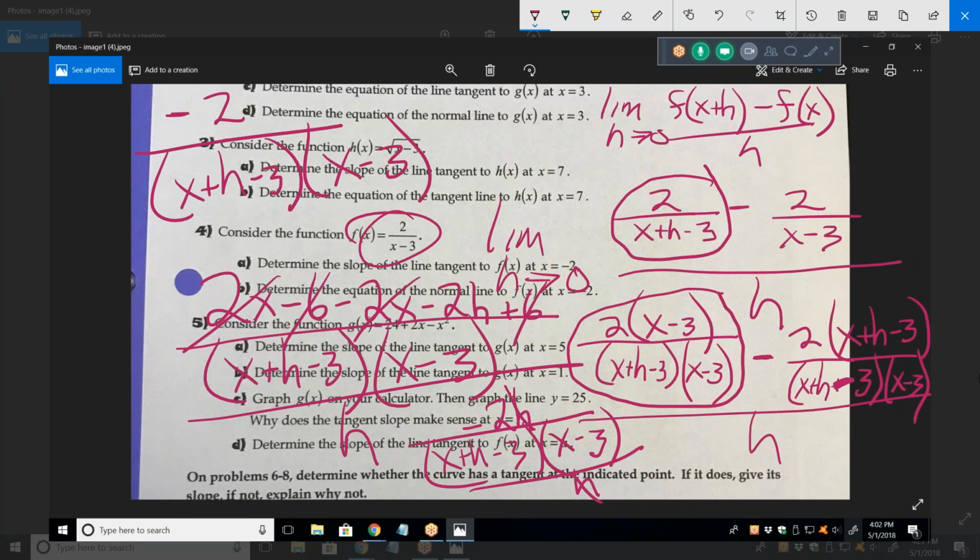What's the limit of that as h goes to 0? So that's minus 2 over x plus 0 minus 3 times x minus 3, which is x minus 3 squared. That is your first derivative function.